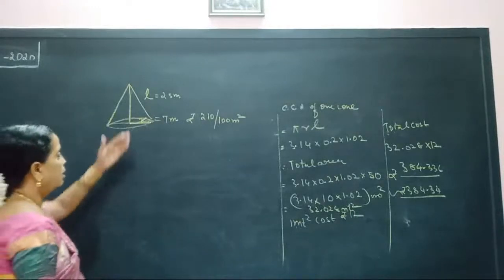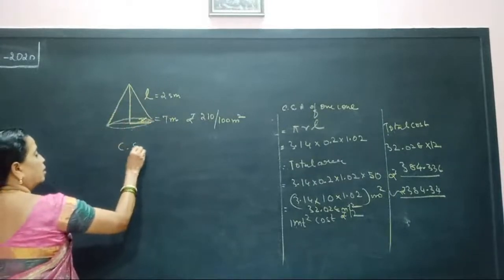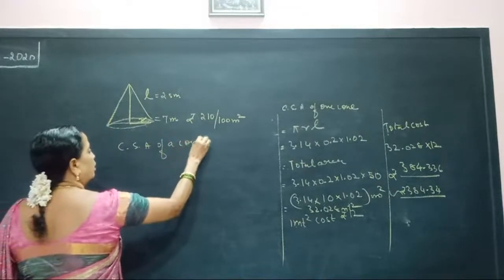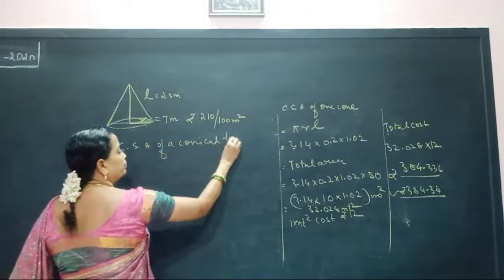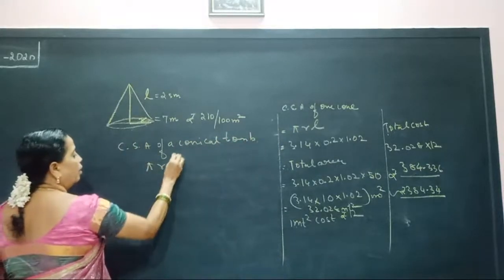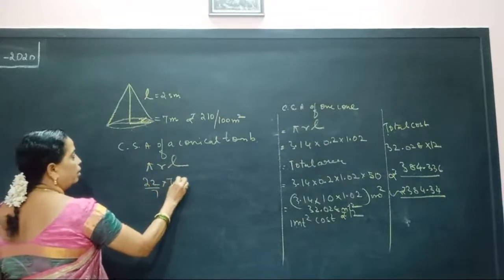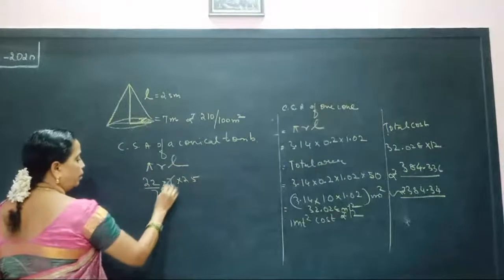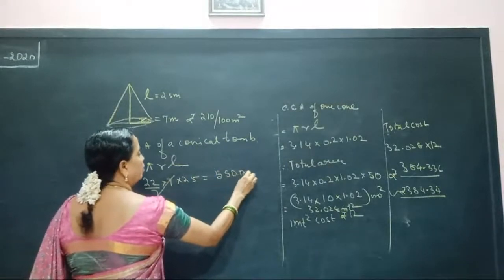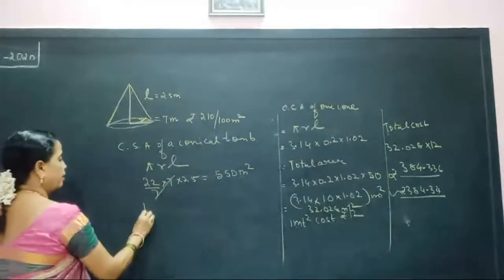So now L is ready, r is also given. Let us calculate curved surface area of a conical tube. Formula pi r L, 22 by 7, 7 into 25. Cancelling, we have this calculation anytime. 550 meters square. Then write a sentence.